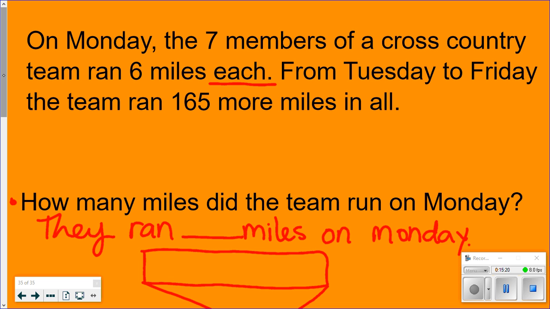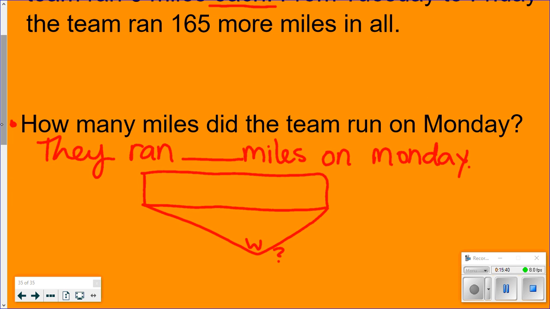Miranda? Look at my problem. 7. Yeah, I have 7 members. They're all on my team. That means my bar needs to be broken into 7 sections, for each person, for each teammate.